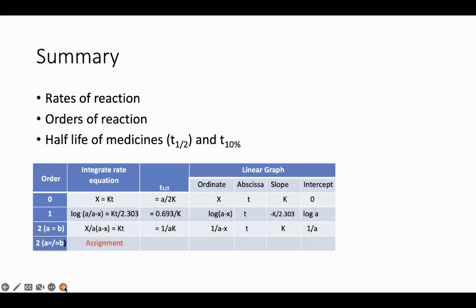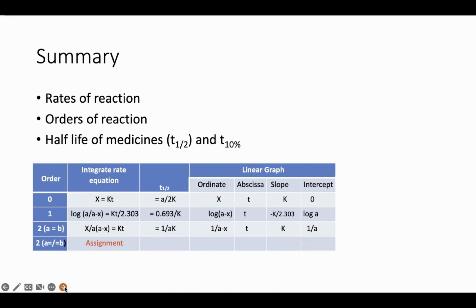Now, so far, in this last 1 hour or less, we've talked about rates of reaction. And under that, we talked about the constant, which is K. We talked about orders of reaction or magnitudes of how substances, drugs, react to form products. So we talked about zero order reactions, first order reaction and second order reaction.